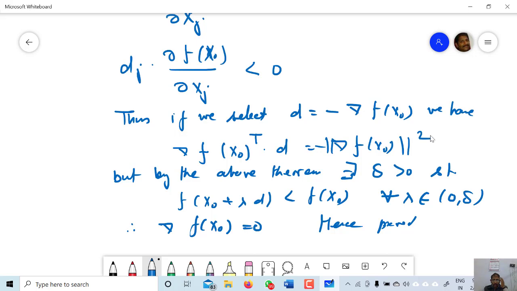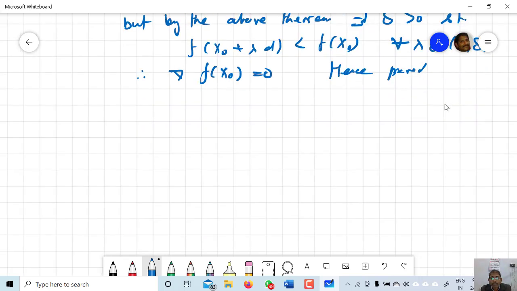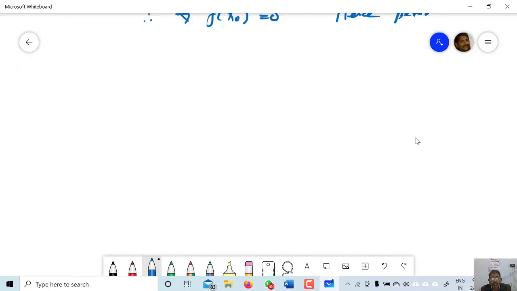Now we are coming towards what is constrained optimization. What is constrained optimization?